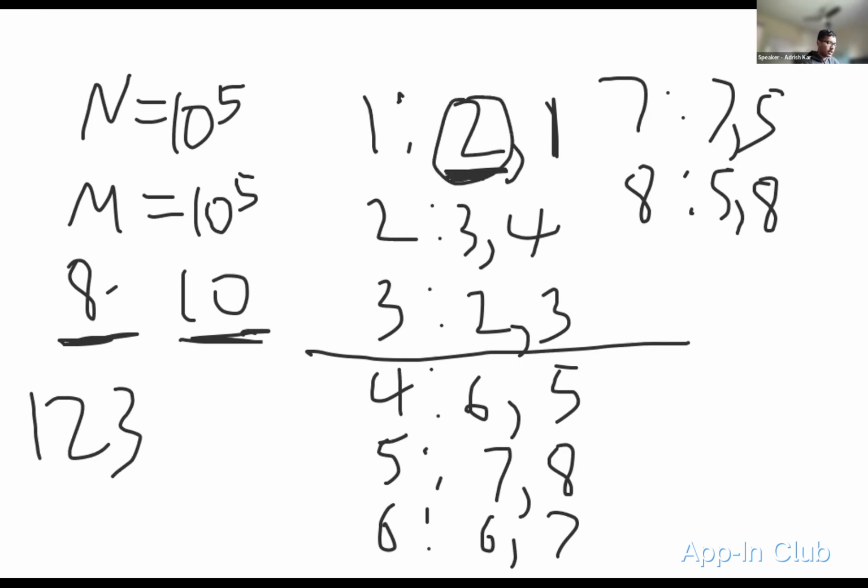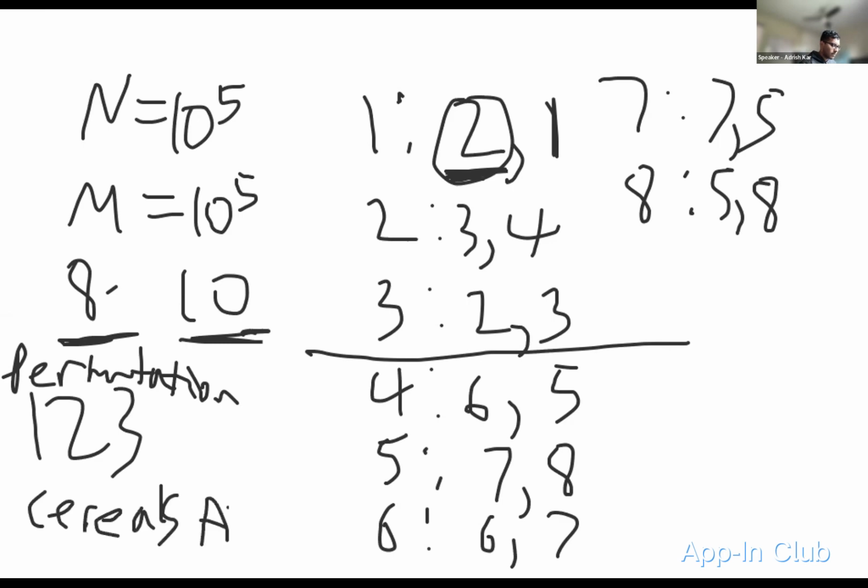This is the permutation, and this is the list of cereals that are available. So far 1, 2, 3 are available. Cow 1 sees that its first cereal is available, and they take cereal 2.